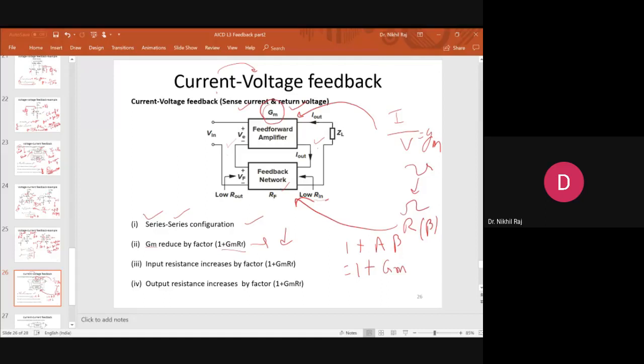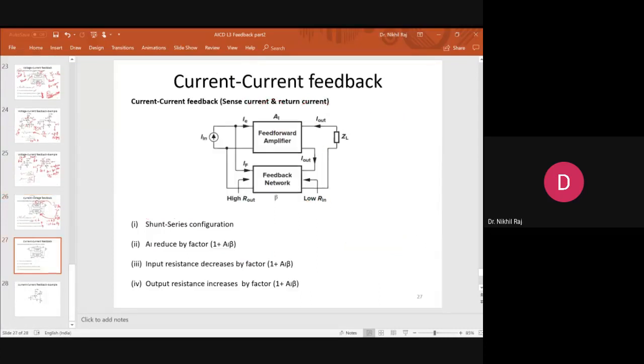Here A is your gm and beta is your RF. So it will reduce by 1 plus gm RF. Again, at the input side there is a series configuration. Series configuration means my effective input resistance will increase. Also at the output, series is there, so effective output resistance will also increase, because series means it will get added up to the existing resistance.